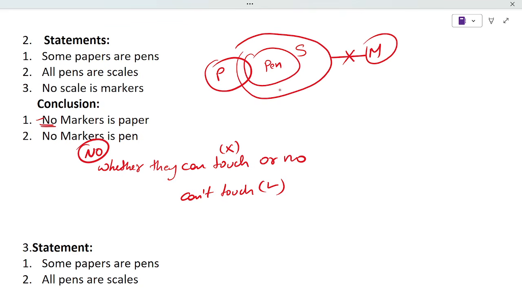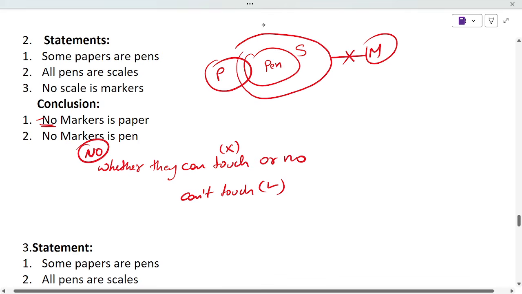So we have the original diagram here, alright? The original diagram was here. However, since the conclusion has a negative word, we will have an imaginary diagram. So no marker is paper; can marker and paper touch, without violating the statement? We have to check.